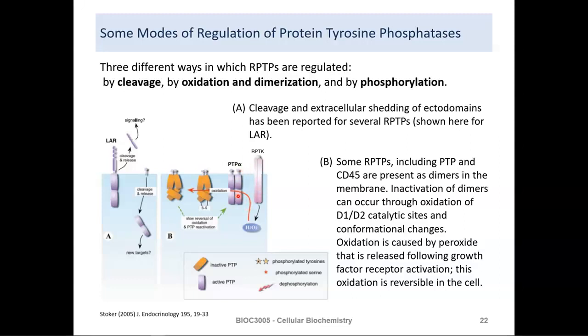Inactivation of these dimers occurs through oxidation by peroxide, which has been released from growth factor receptor activation, and causes the catalytic sites to change conformation and so become inactivated. Now, this type of oxidation is reversible.